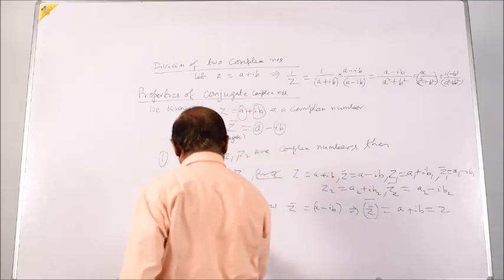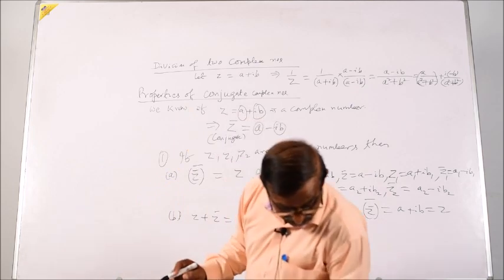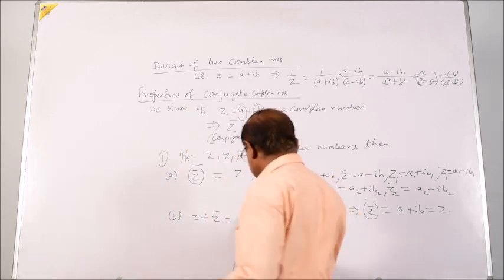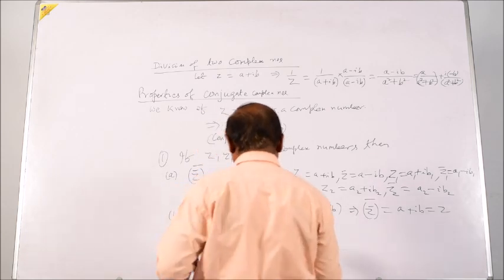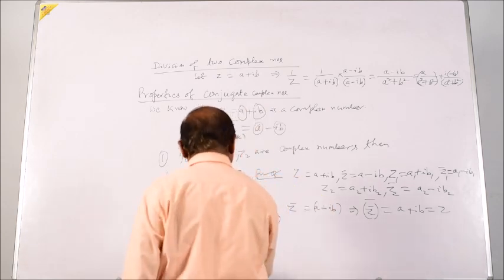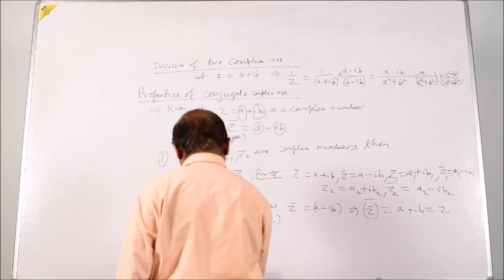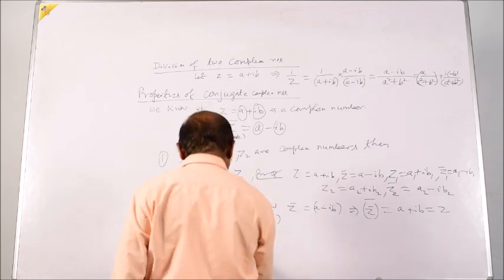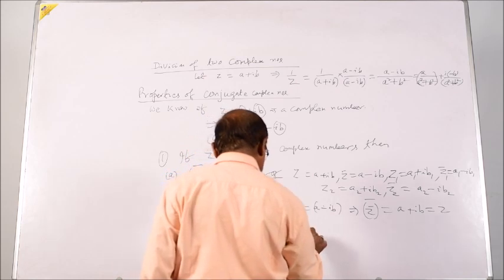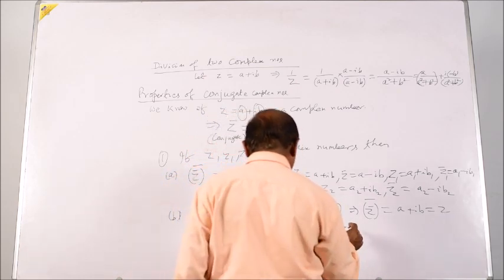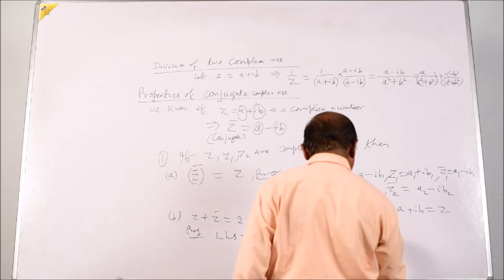Then the second one is Z plus Z bar is equal to 2 real Z. This proof is this. See, because you have taken Z is A plus IB, so LHS is Z plus Z bar, is A plus IB plus A minus IB.